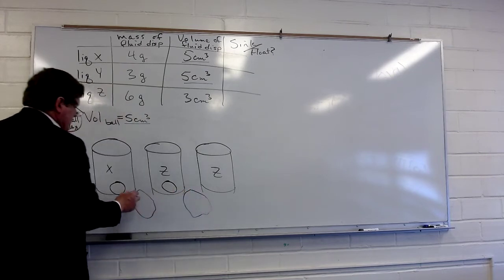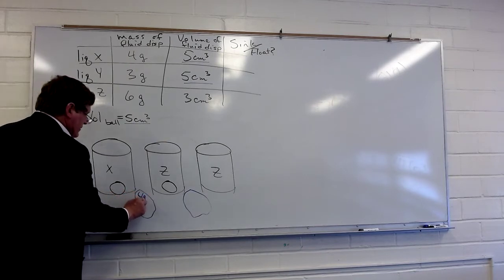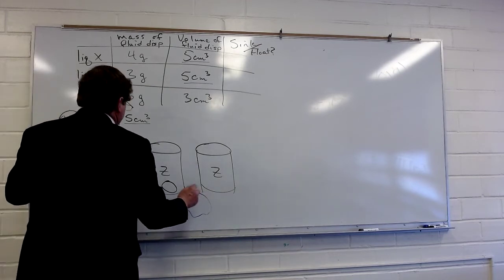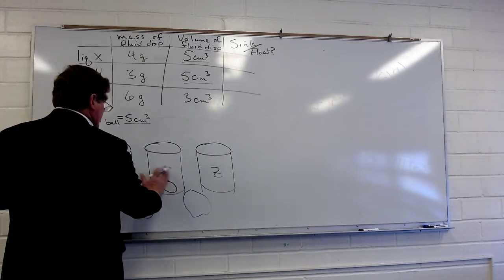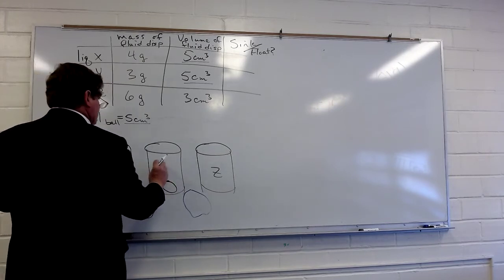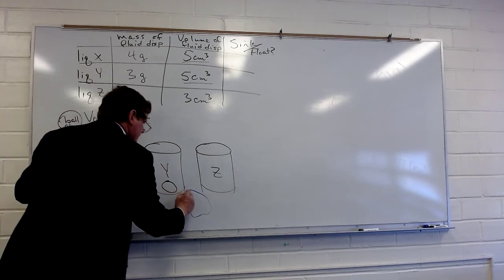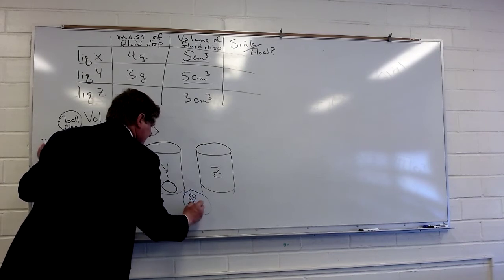This puddle is going to be 4 grams and 5 centimeters cubed. And this puddle is going to be 3 grams and 5 centimeters cubed.